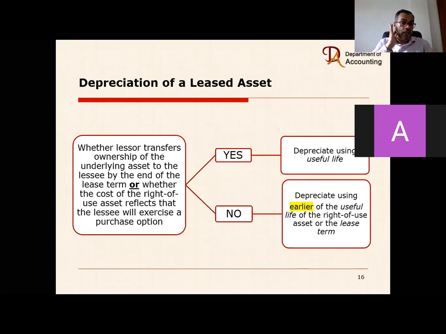The option number one is when we depreciate a lease asset, first we have to think, no matter whether it is lease, property, plant and equipment, unless a different method has been proposed, we follow the basic rule called useful life rule.